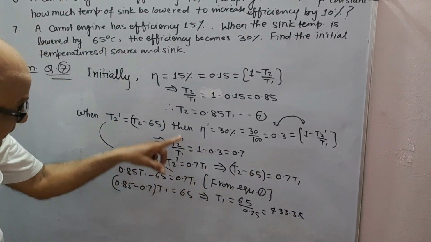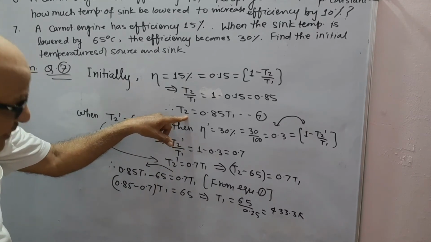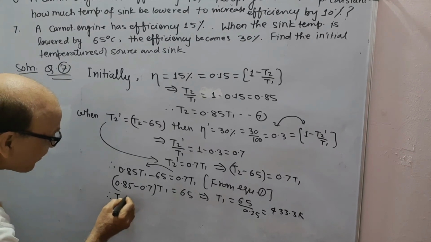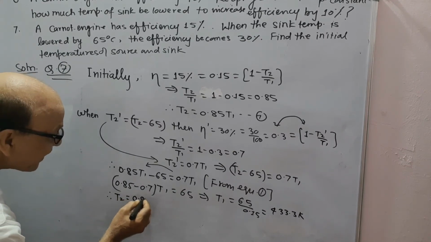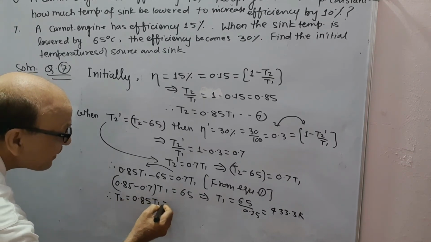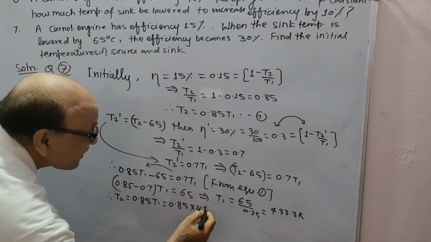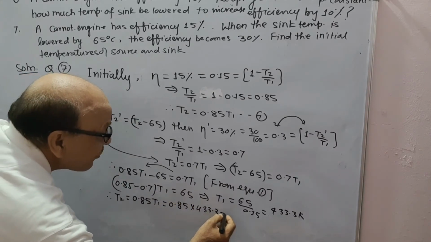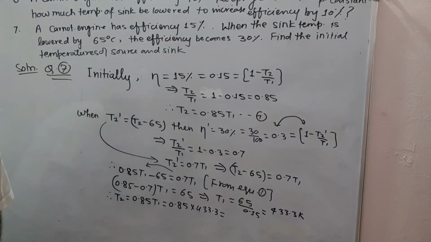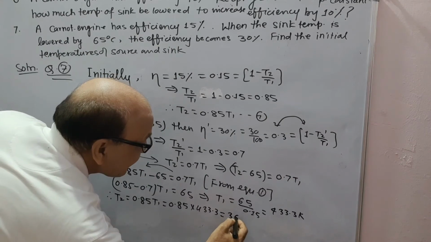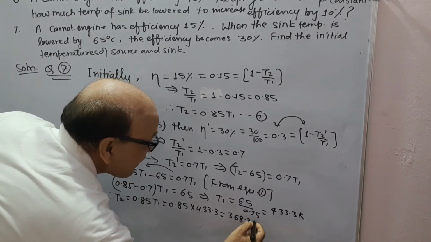And from equation 1, T2 will be equal to 0.85 T1, that is 0.85 into 433.3, which will give 368.3 Kelvin.